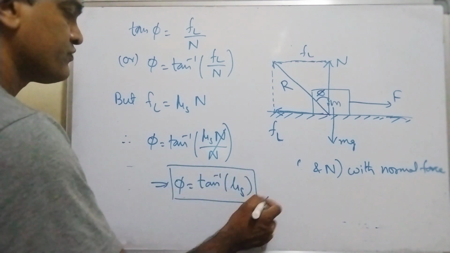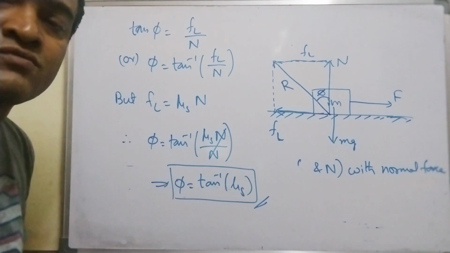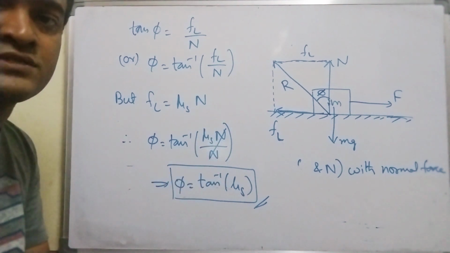So angle of friction is equal to tan inverse mu s. This is about angle of friction.